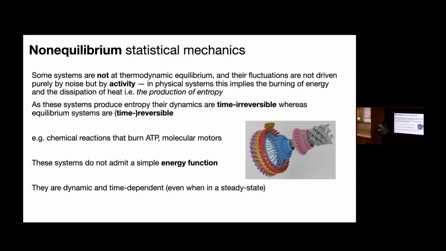And so what happens here is that by producing entropy, the dynamics become time irreversible, whereas the equilibrium systems were time reversible. This basically means that if you watch a movie of the system, you won't be able to tell the difference between forwards and backwards for an equilibrium system, for example something that's just purely noisy, but you can differentiate it for a system that's out of equilibrium.